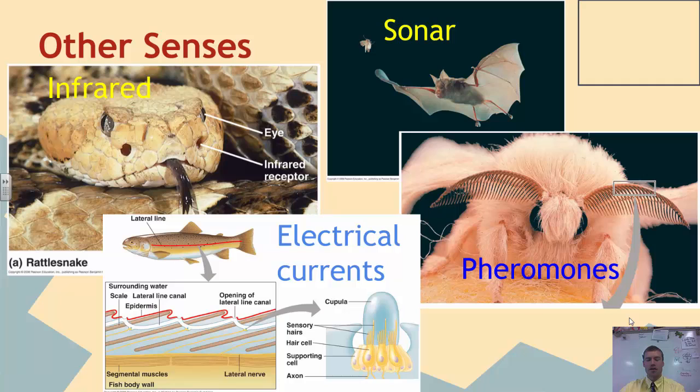We do not, but other animals have special pheromone receptors where they can detect hormones that have been released into the environment and then follow those, usually to find mates. Fish use their lateral line, which is a line right along the side of them, in order to help detect electrical currents that they can then use to either find prey or, if they are prey, to escape predators.